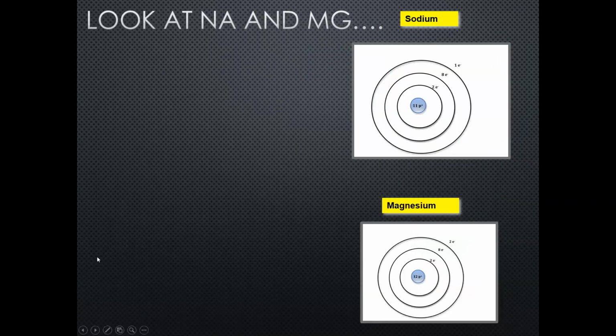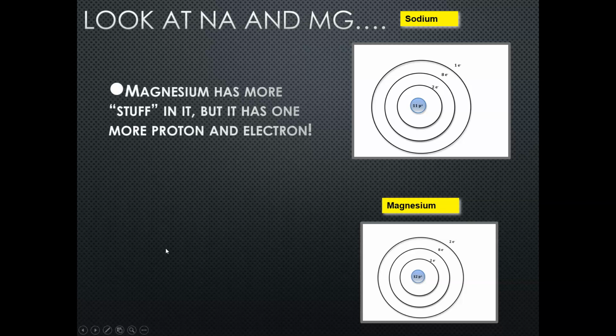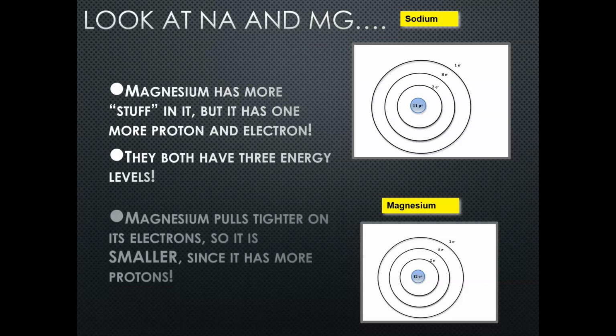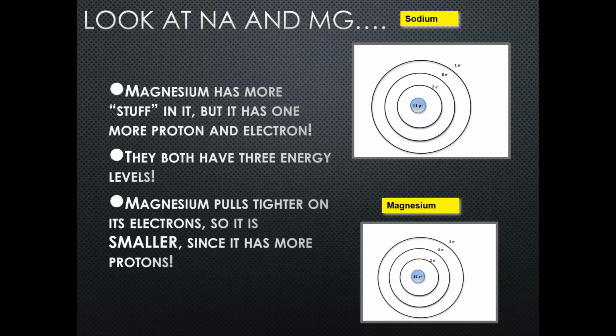If we look at sodium and magnesium, magnesium has more protons and electrons. They both have 3 energy levels, but magnesium has a tighter pull on those electrons, so it's actually smaller since it has more protons.